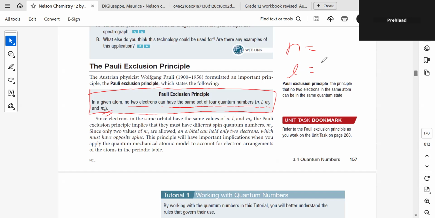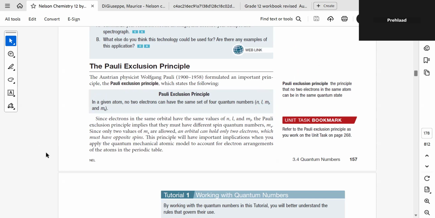If your n number, l number, and m, the magnetic quantum number, are also the same, then your spin quantum number has to be different. Clear? And that means an orbital can hold a maximum of 2 electrons.